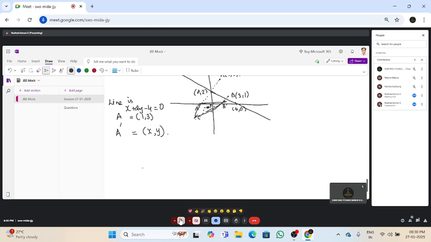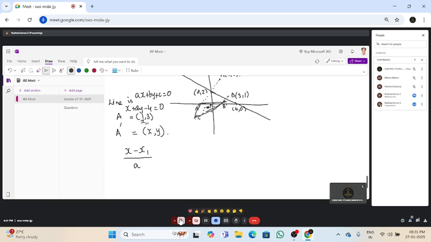Could you find out? Upesh, Nishika? Okay. It is x minus x1 divided by A. Okay. So this line is Ax plus By plus C equal to 0.